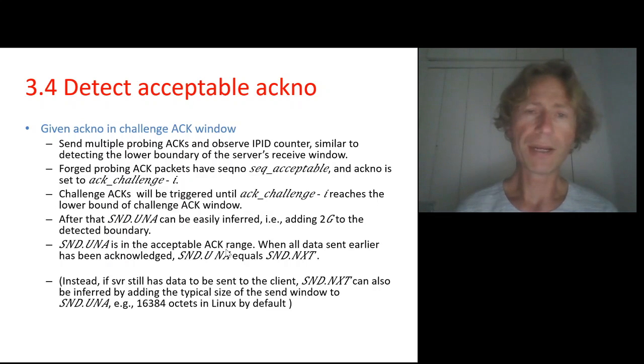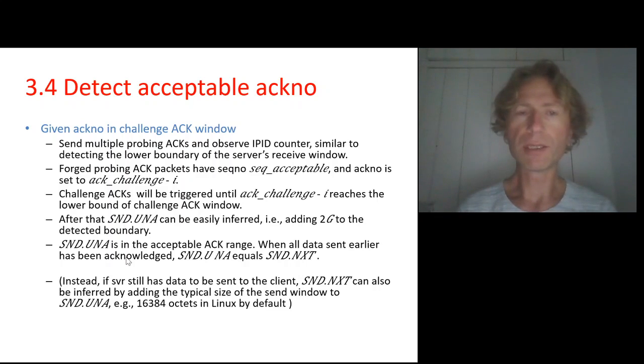Okay. And when all the data that we sent earlier has been acknowledged, the value should equal the sender's next, so the next thing that the sender needs to send. Okay, so that is how we do this.